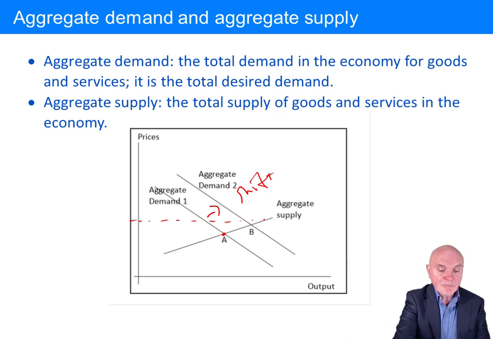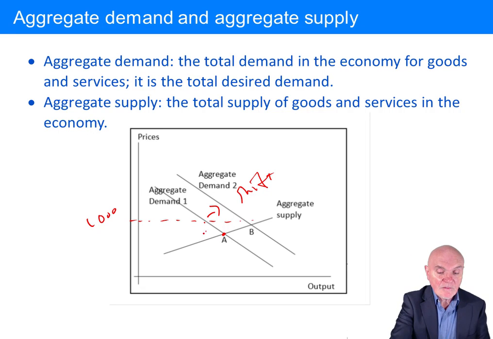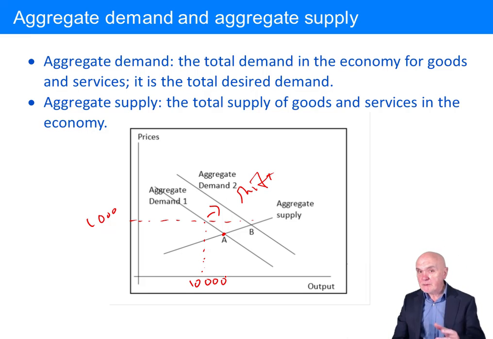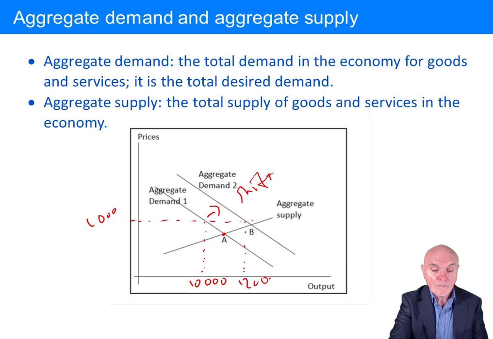So what it is saying is at a particular price in here, let's call it $1,000 or something, for a particular goods or aggregate goods in here, initially the amount demanded here might have been, let's say 10,000 tons of some sort of commodity. Though we're dealing here with aggregate demand, we're not actually dealing with individual products, we're dealing with all products, all services and so on. But at that particular price, suddenly people want to maybe buy 12,000.